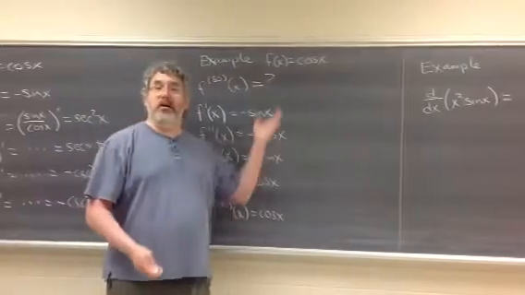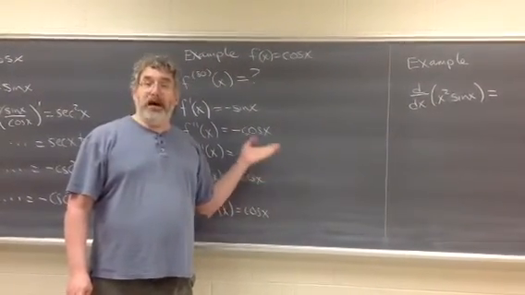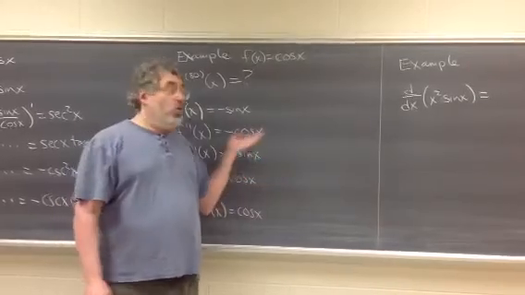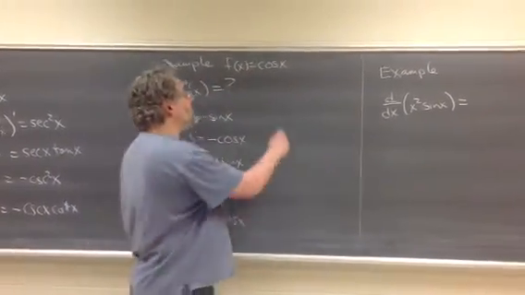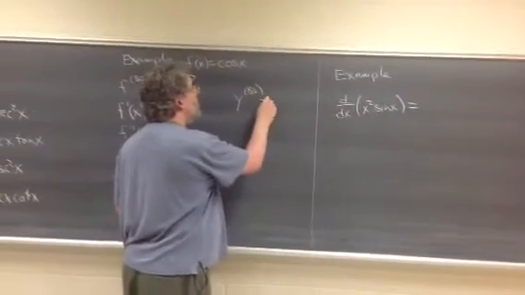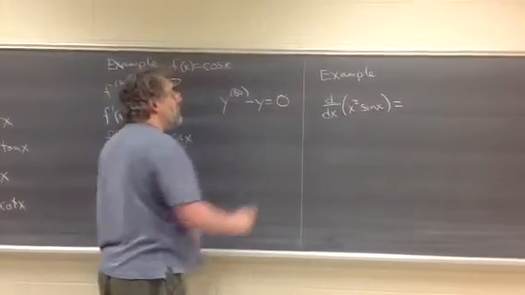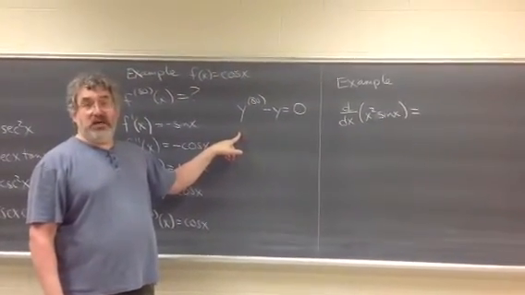Now from here, I can introduce the concept we talked briefly, I think last time, about differential equations. We have this is the same as this. We could actually say this differential equation has cosine of x as a solution.